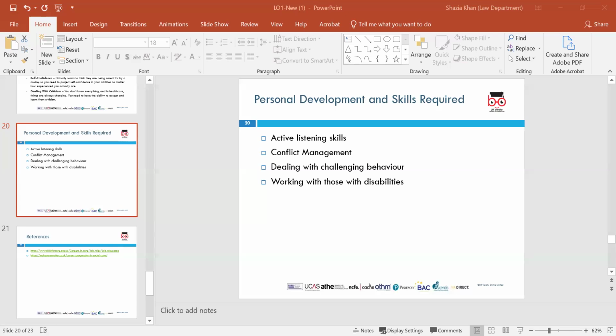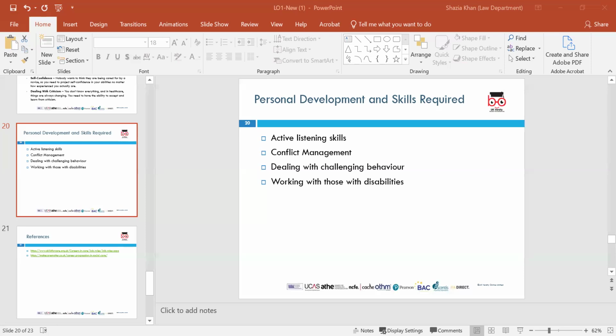Okay, so, sorry, I've gone over time a little bit. But we've finished learning outcome 1. Just a summary of what we've done. We've looked at career areas in health and social care, access points for careers. What kind of careers did we look at? Anyone? Do you remember? Yeah, what else? What other careers did we look at?